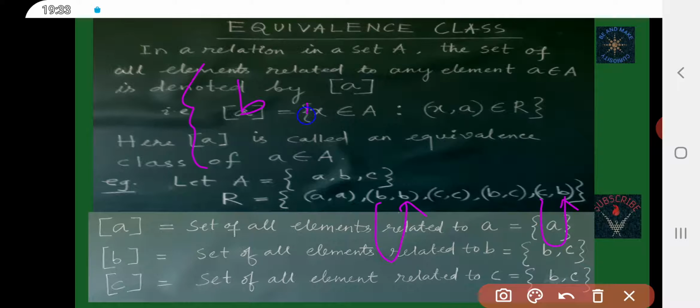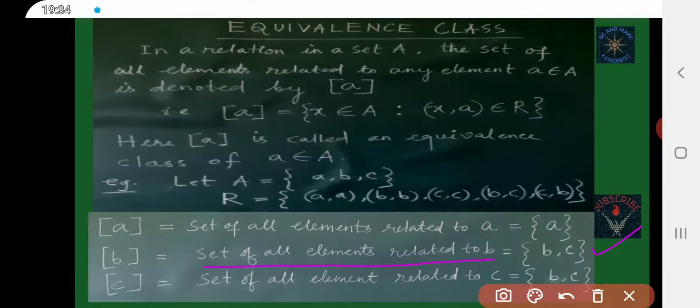So another element is c. Okay, so you got the set which contains b and c. So the set of all elements related to b is your {b, c}.